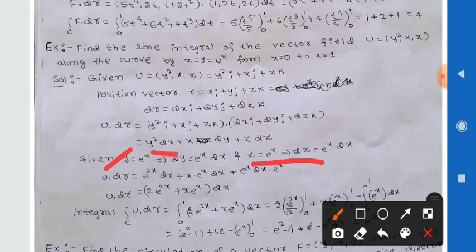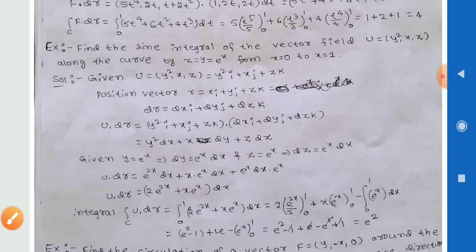Substituting the x value, y value, z value and the dx, dy, dz values in the above equation, we get u dot dr is equal to y square, here y is equal to e power x, so e power 2x dx plus x into e power x dx plus e power x dx into e power x.